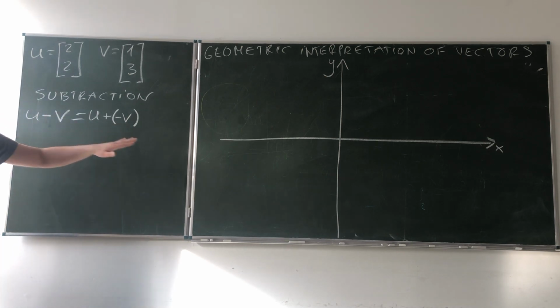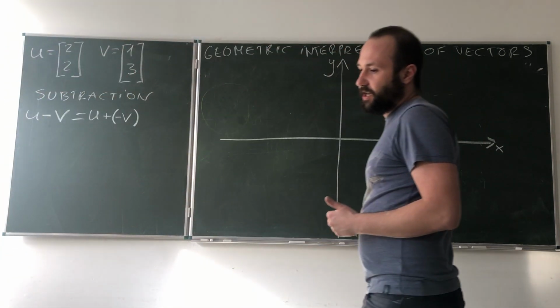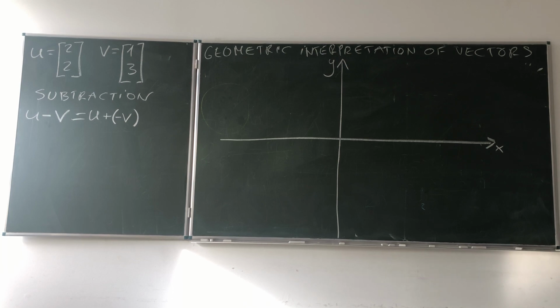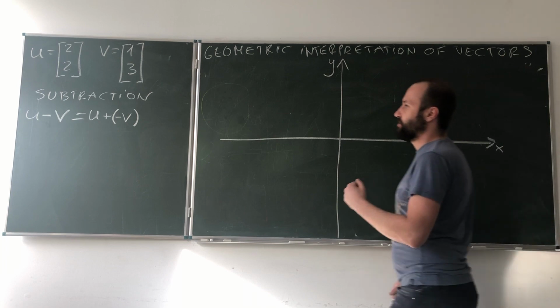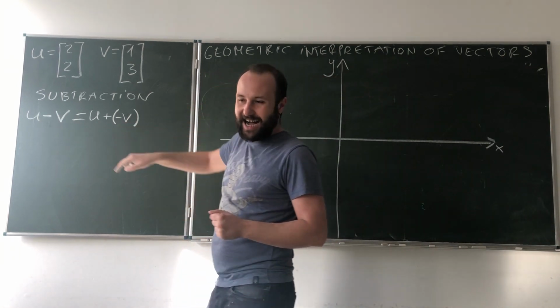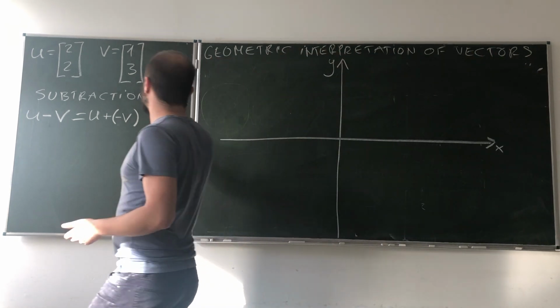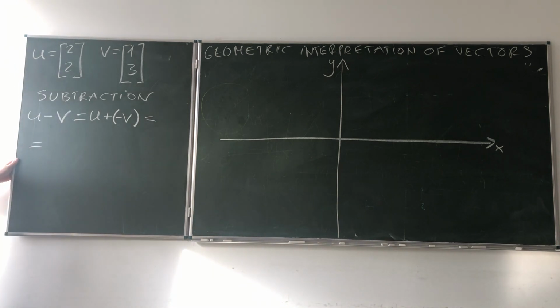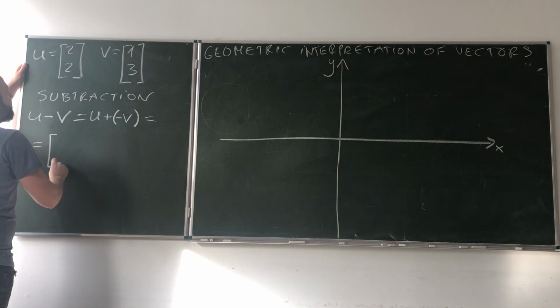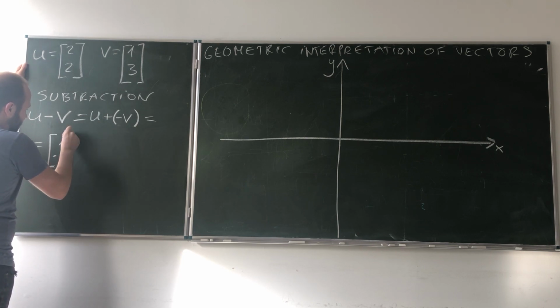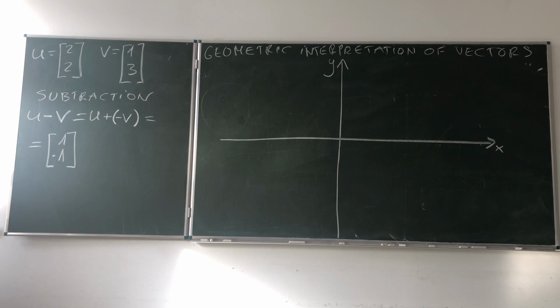So if I actually want to draw this vector, all I have to do is to first build vector negative v and just add them using parallelogram exactly the same way as I did before. Okay, again, maybe let's start by calculating the exact values. So we will have 2 minus 1 is 1, and 2 minus 3 is negative 1, right? Okay, so this is the vector u minus v.